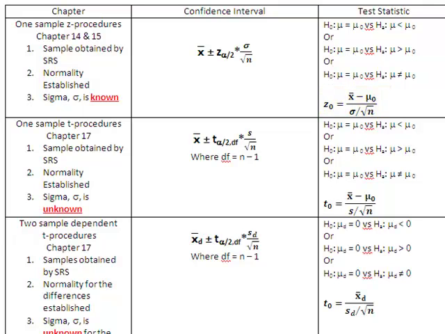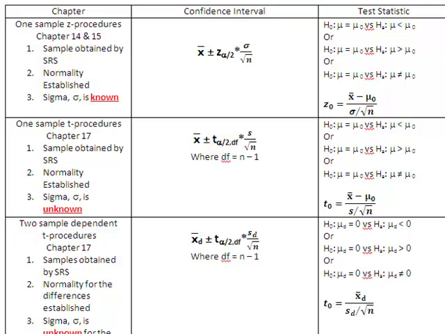Now in Chapter 17, we had our one-sample T procedures. And again, samples were obtained by simple random sample, normality established, sigma is unknown. So we had to go to Table C, our student T distributions, where we had to know both our sample size and our confidence level in order to figure out what our critical value is.